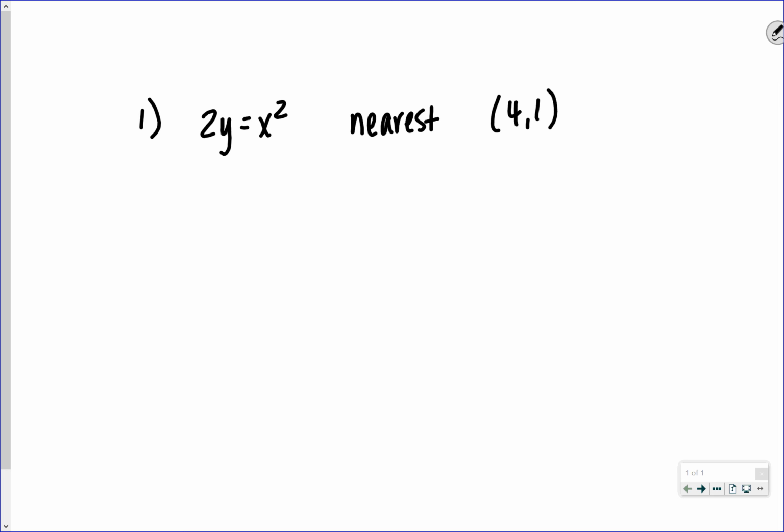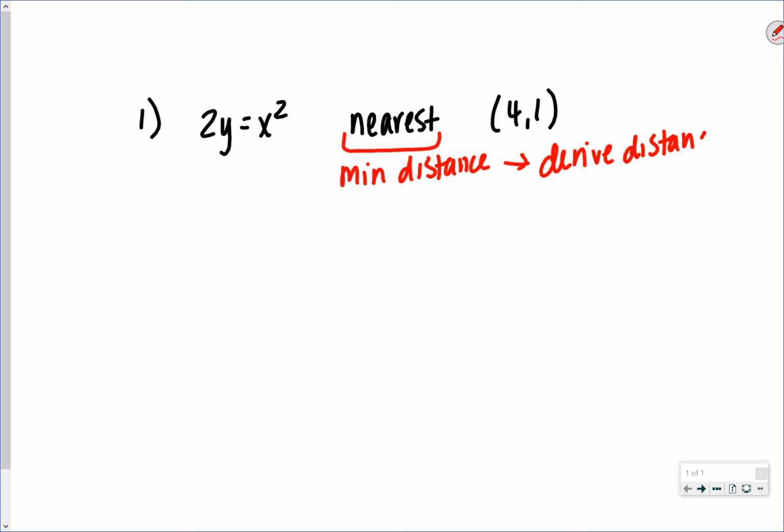If I'm looking for something nearest, this is minimum distance, which means I'm going to need to derive distance. So I need to know the distance formula.